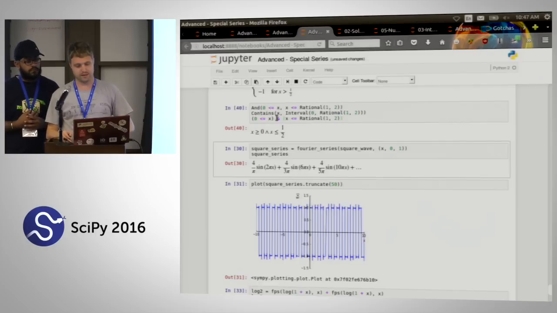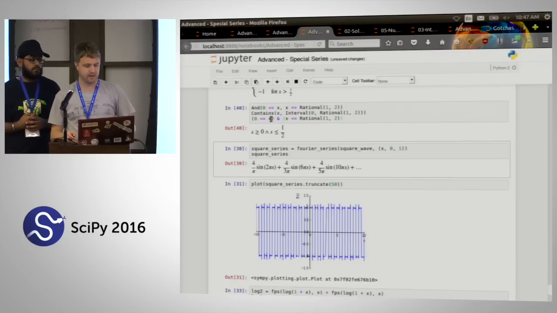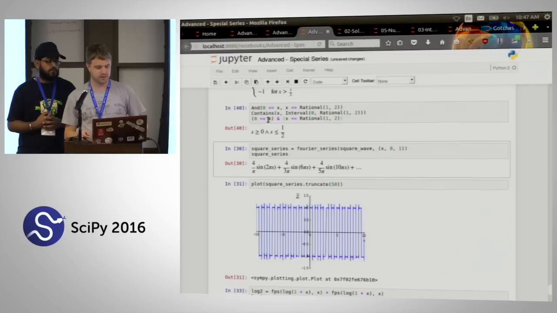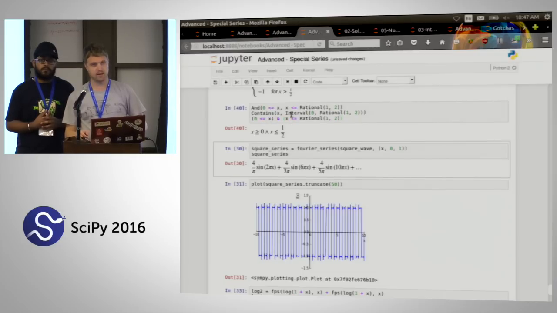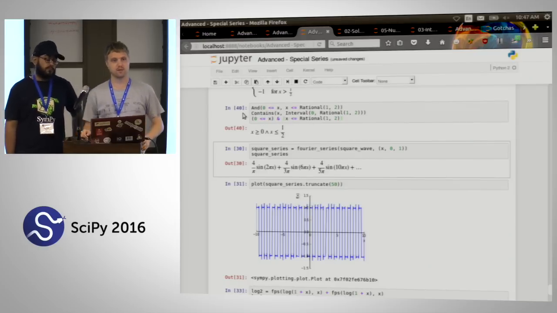But there is an ampersand operator that does let you override, and you can use that. If you use ampersand, I believe the way the precedence works is you need to use parentheses, because otherwise it'll try to do 0 less than or equal to x and x, which is probably not what you want.